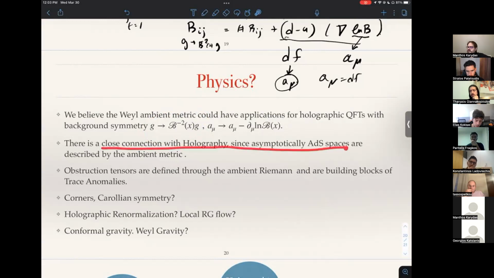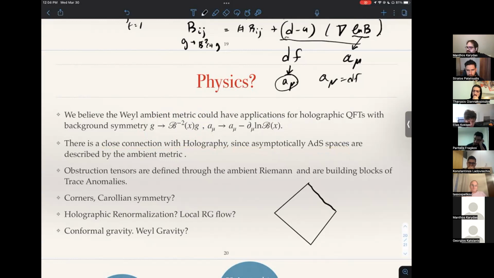As I said, there's a close connection with holography because asymptotically the spaces are embedded in the ambient space. If I want to make a cartoon of this, I will draw the Penrose-like conformal compactification, the triangle. Because the ambient space is really flat, there is a conformal compactification, and the conformal boundary is null, right? This surface is where the space is asymptotically AdS.